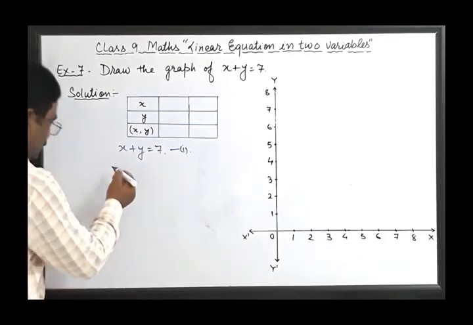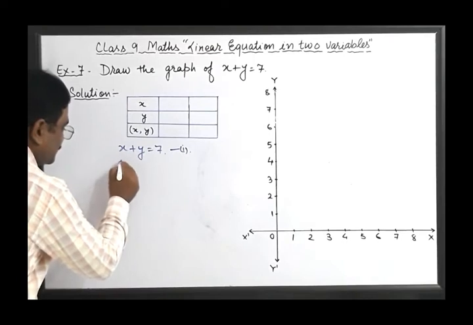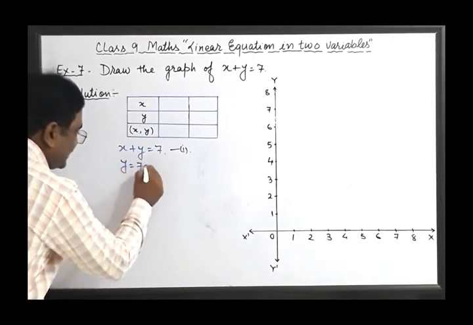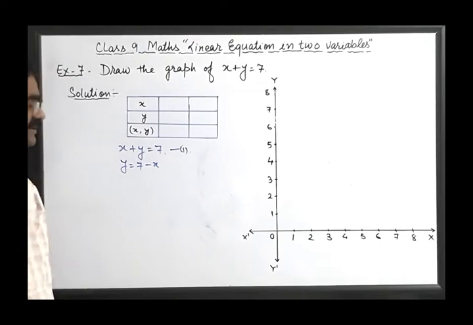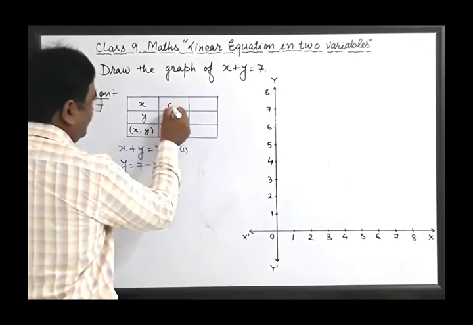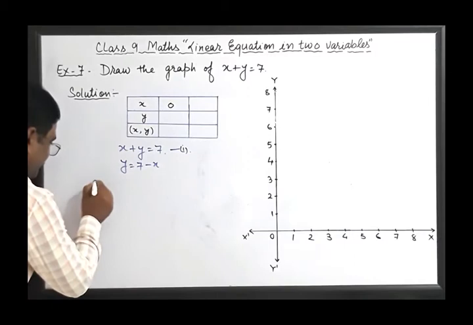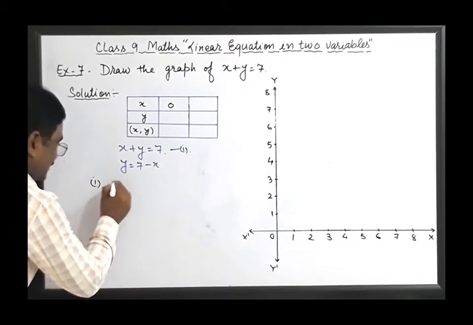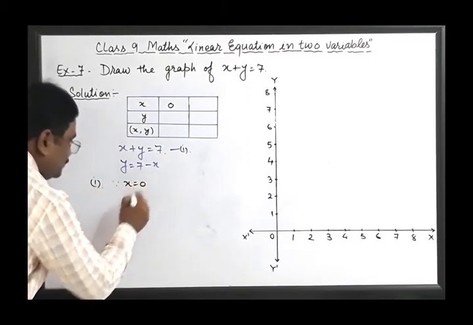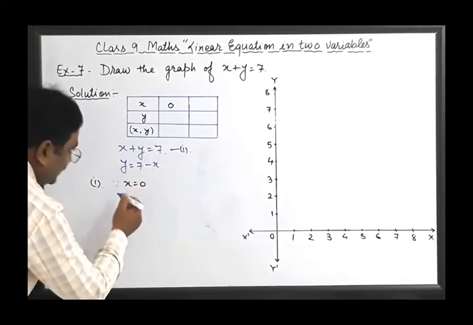So first find the value of y in terms of x. So y equals 7 minus x. If you substitute x equals 0 for finding the first solution, let us take x equals 0 and substitute this value of x in this equation.